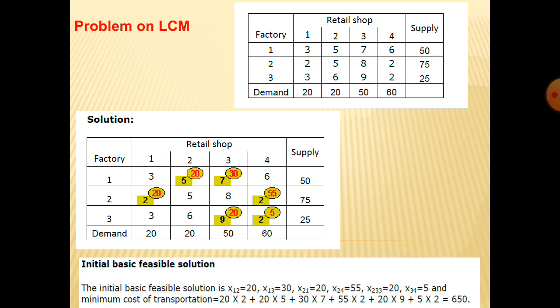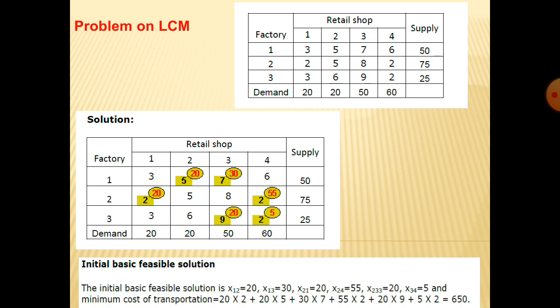Then we subtract the remaining supply and demand difference, add it, and make it a balanced transportation problem. Then we solve the problem by the initial basic feasible solution by the northwest corner rule. And the second method is the least cost method.